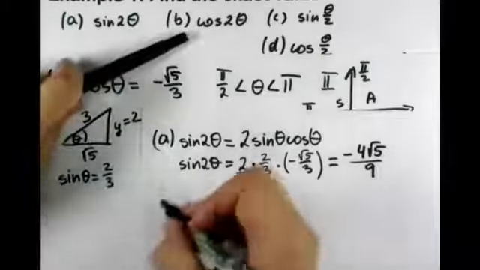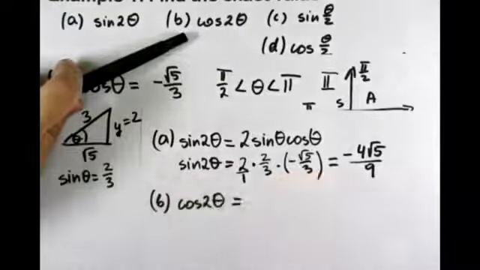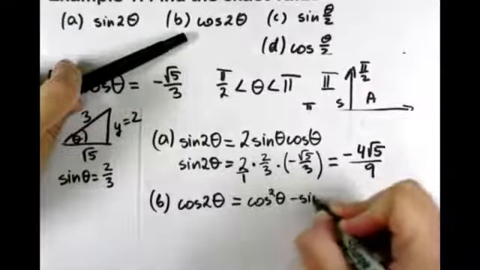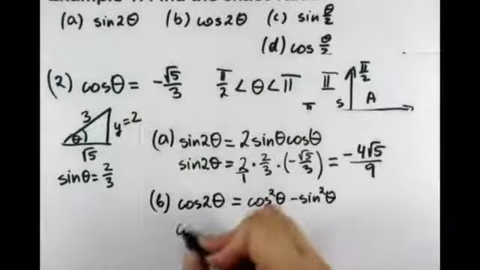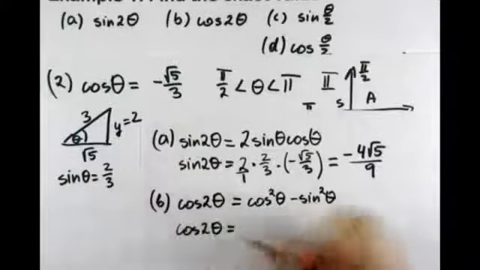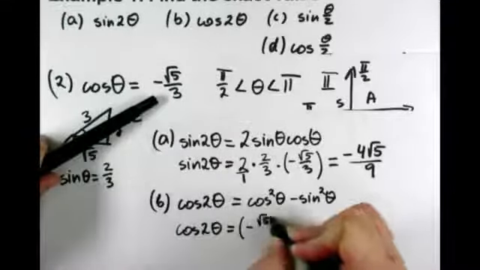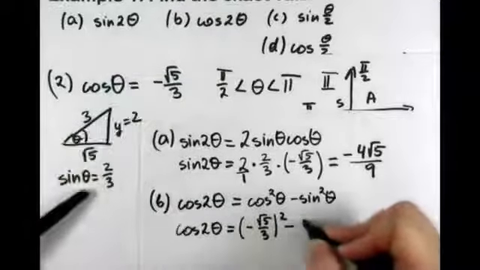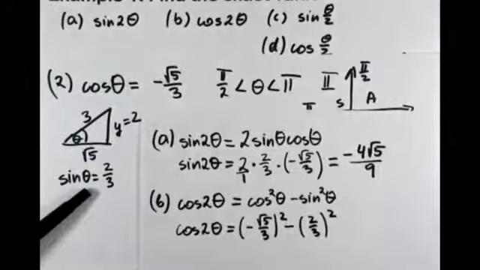And then I'm finding b, cos 2 theta. Using the double angle formula, cos 2 theta is cos squared theta minus sine squared theta. So now we can substitute: cos 2 theta is equal to my cos value, minus root 5 over 3, squared, and then minus sine 2/3, squared because we have squared.